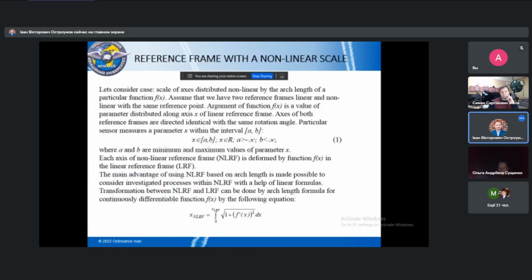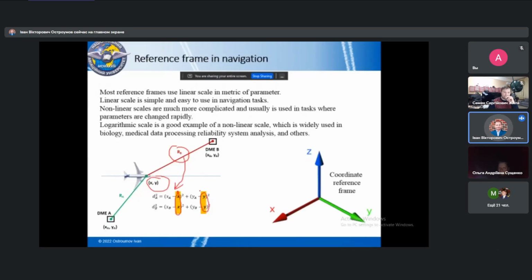In our task, we try to think, what if we use a non-linear function distribution along the linear reference frame? What if we use some specific function which we can apply based on a particular task or particular parameter to get the location of, for example, an aircraft?